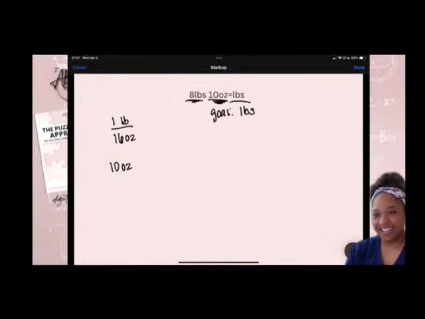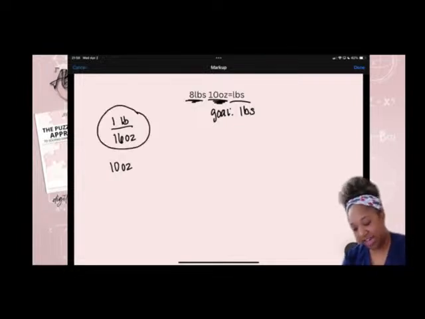So what is our goal? Our goal is pounds. So I'm going to start with pounds. I always start with what it is that I'm looking for. That's how you set up your problems with dimensional analysis, well, the way that I teach it, okay? Start with what you're looking for. You don't have to go and find it. So this has my pounds in it. It'll go first and it'll go on top.